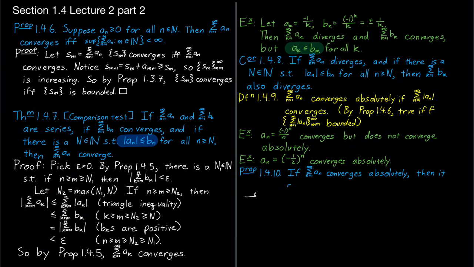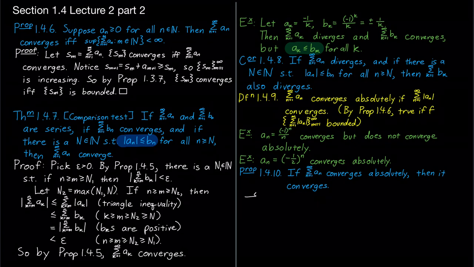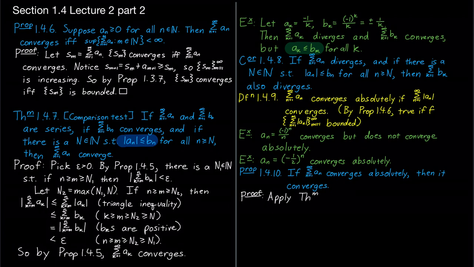So we're saying that converging absolutely is a stronger statement than converging. You don't have to say, well, converges absolutely but not converges. If you say converges absolutely, you know it converges, and the proof is just you apply Theorem 1.4.7. This is the comparison test with Bn being just the absolute value of A sub n.